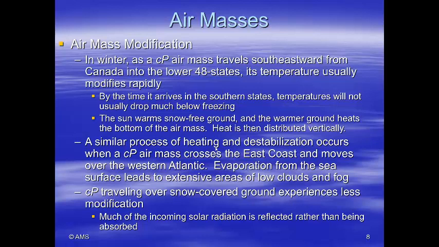Another example is the continental polar air mass traveling over snow-covered ground, which experiences less modification. So much of the incoming solar radiation is reflected rather than being absorbed and re-emitted at a longer wavelength.